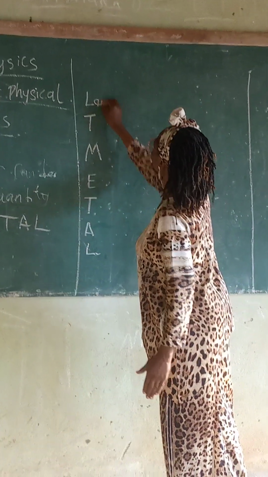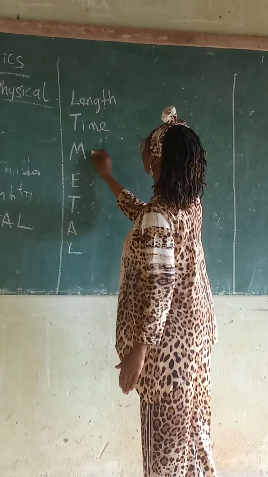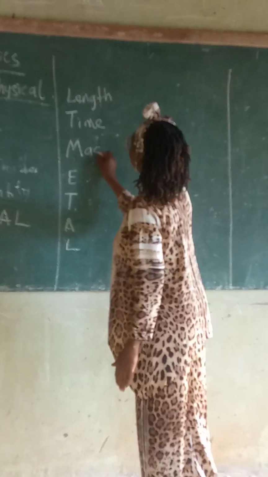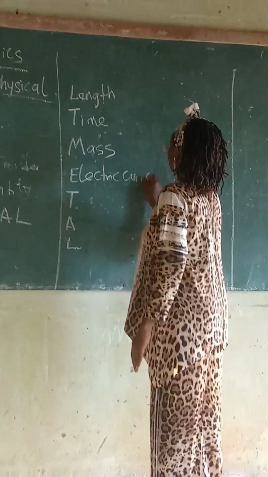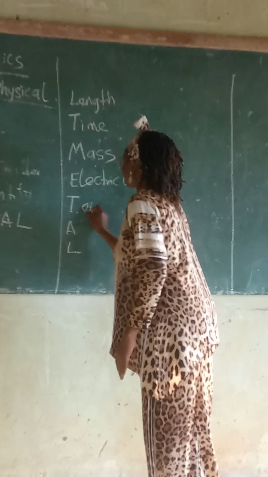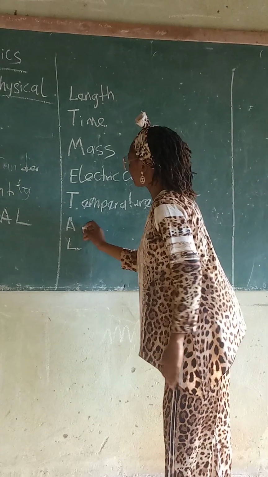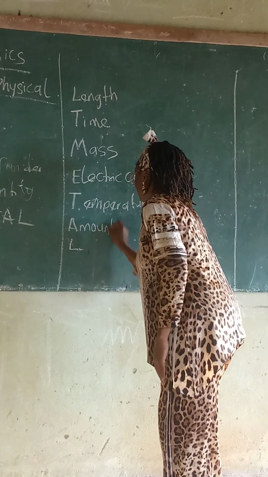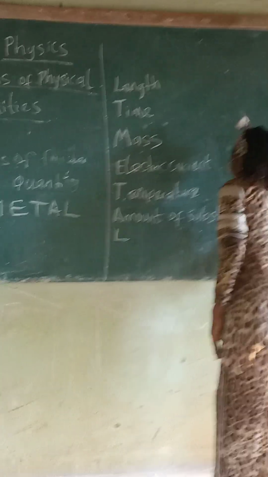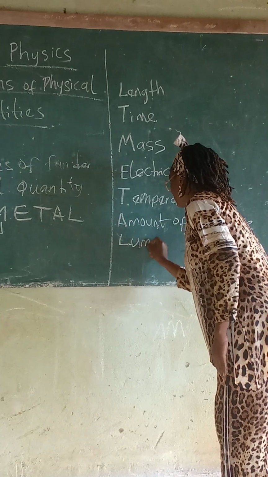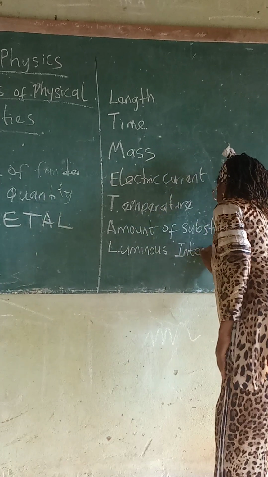So this is L for length, T for time, M for mass, E for electric current, T for temperature, A for amount of substance, and then L for luminous intensity.